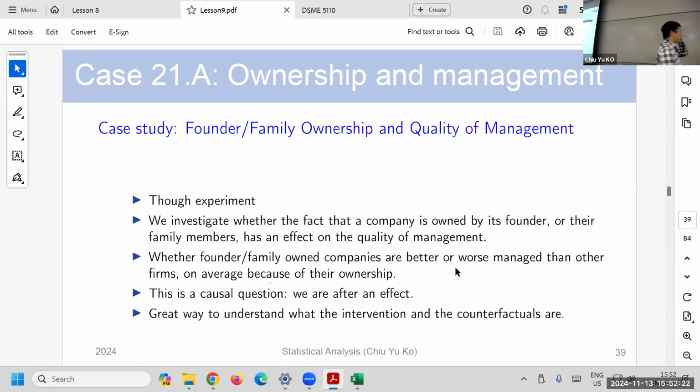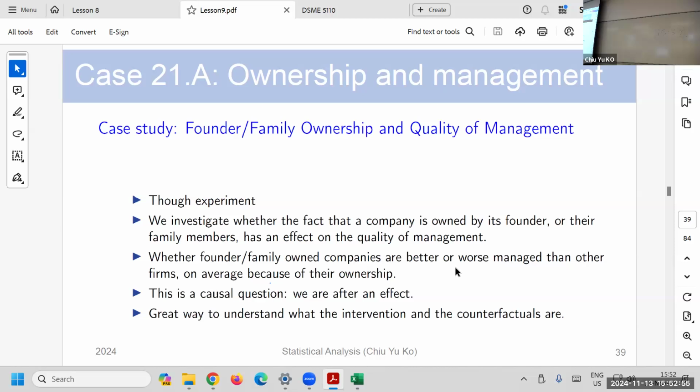We look at the following question, which is often studied in finance or economics. In Asia, very often a lot of firms are founder- and family-owned. In the US it's slightly different, because usually the family delegates to a professional management team. So the question is, is a family-owned business better or worse in quality?